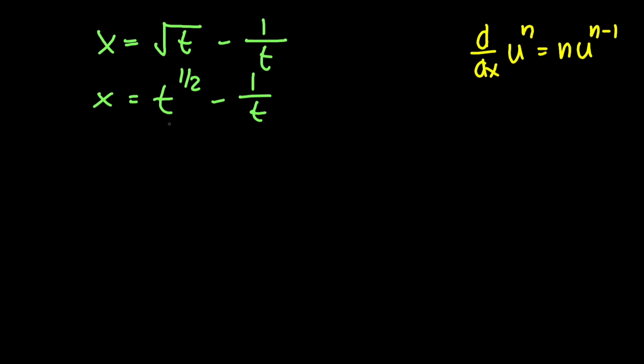Now for this one, we would want our variable t to be in the numerator. So this would be equal to t to the power of -1. Such as this, putting that in the numerator.